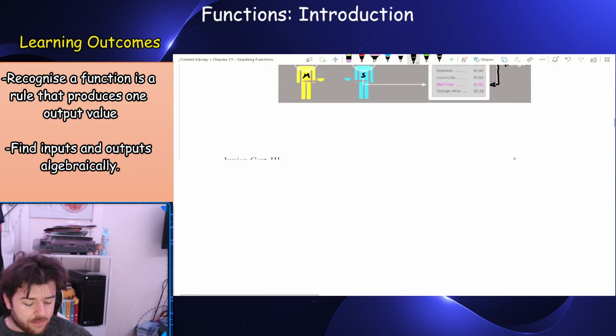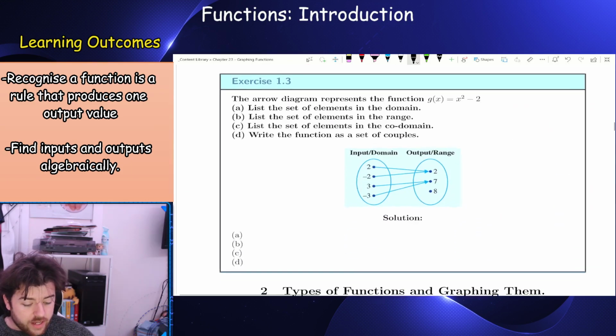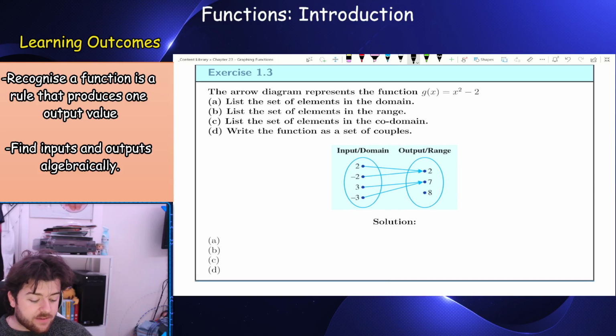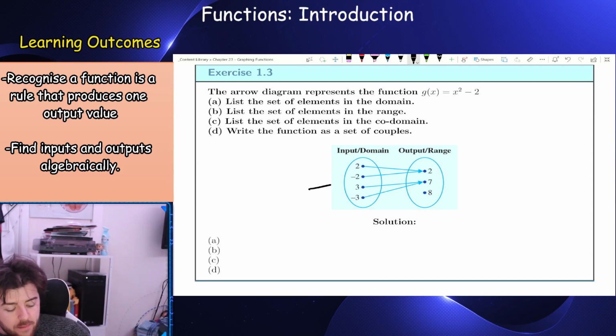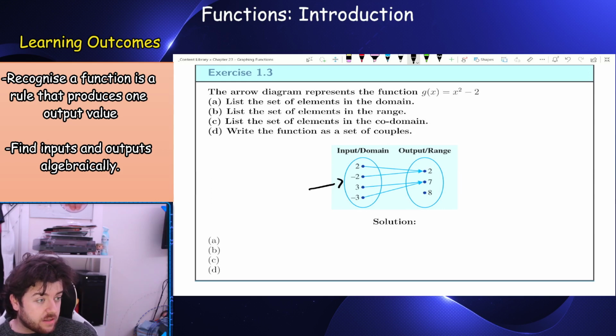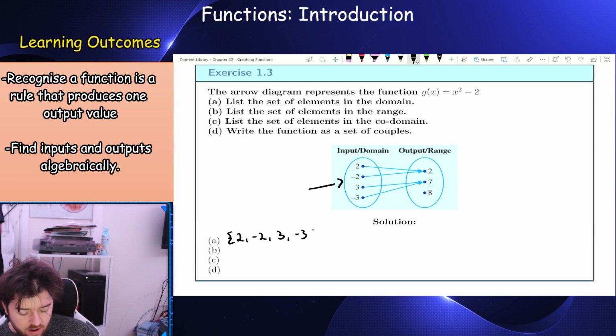So let's look at an example here. So the arrow diagram represents the function x squared minus 2. Part A, list all the elements in the domain. So remember, my left oval is the set of inputs, or my domain. So that is going to be equal to 2, minus 2, 3, minus 3.